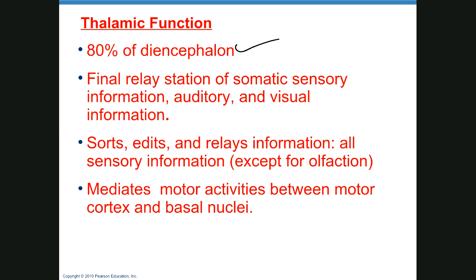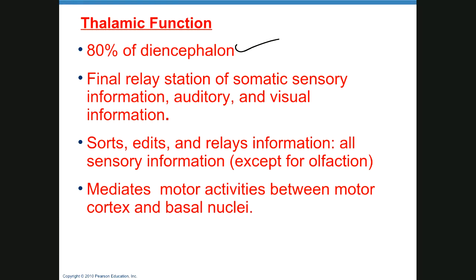There are typically three sensory neurons that bring sensory information to the cerebral cortex, and the final synapse between neuron number 2 and neuron number 3 takes place in the thalamus. It's also involved in mediating motor activities between the motor cortex areas, like the primary motor cortex, for example, and the basal nuclei, which is located in a different area of the cerebrum.